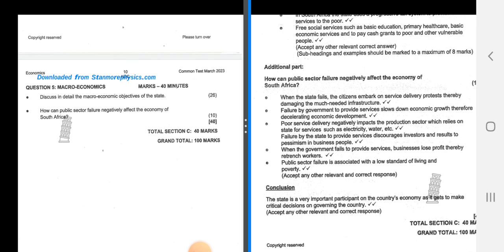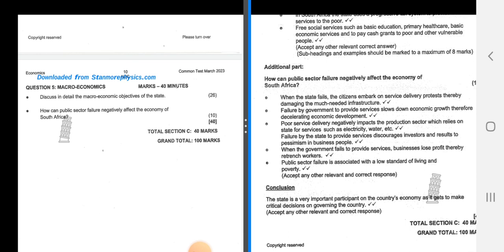Failure by government to provide services slows down economic growth, therefore decelerating economic development. So economic development lowers when the government fails to deliver basic needs. So any other relevant answer will be accepted.